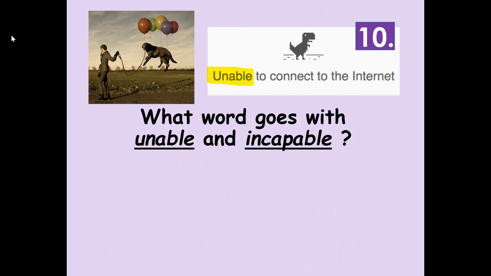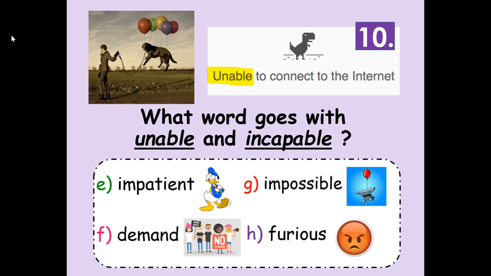All right, number 10. What word goes with unable and incapable? So here's the sentence, unable to connect to the internet. Or look at your picture clue here. Would it be impatient, demand, impossible, or furious?